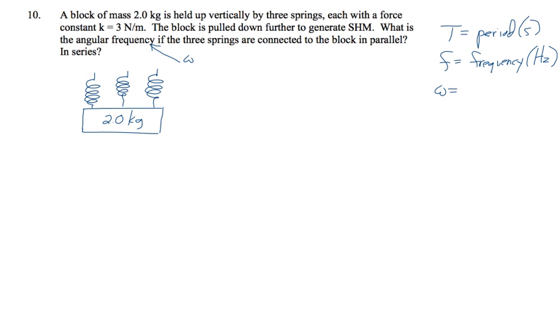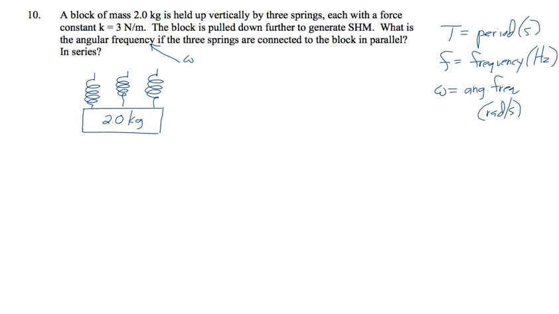When we think of, how fast am I getting from the 0 degree to the 90 degree point on the graph, if I were to graph the simple harmonic motion, how fast is that happening? So that's angular frequency, and the units for that are radians per second. So that's what they're asking for in this problem. What is the angular frequency?